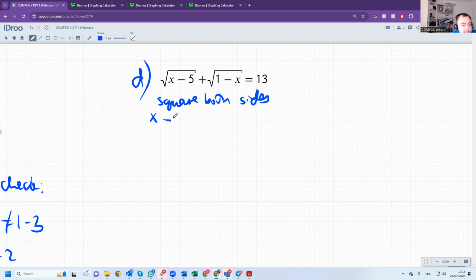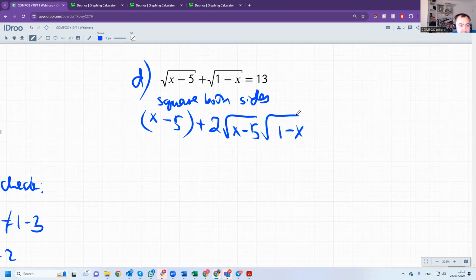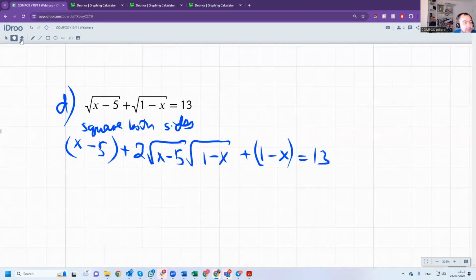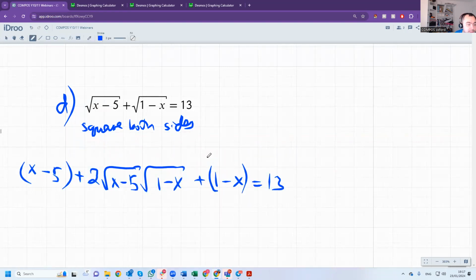It's going to be x minus 5 plus double x minus 5 square root of 1 minus x plus 1 minus x equals 13. I hope you understand what I'm doing. I'm squaring both sides, and it's not 13, it's 13 squared, of course.